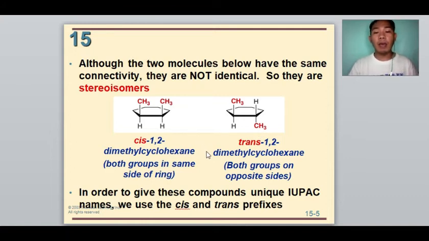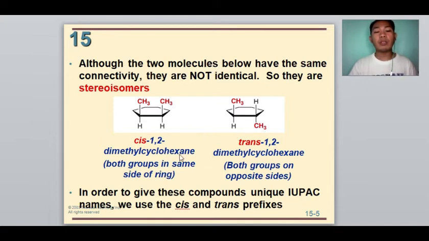In this cis 1,2-dimethylcyclohexane, both groups are on the same side of the ring. Both CH3 groups are on the top and the hydrogens are here. While in the trans 1,2-dimethylcyclohexane, both groups are on opposite sides. This one, and then the hydrogen and another hydrogen.